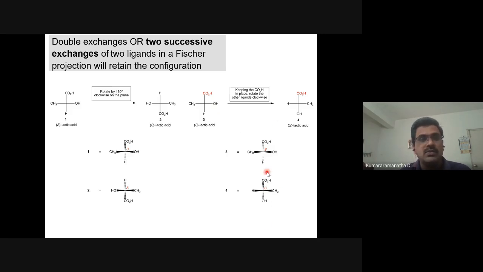Okay, so which essentially means if you do a double exchange or two successive exchanges, we can retain the configuration. Okay, so that is an important point. These are all extensions of the CIP rules.